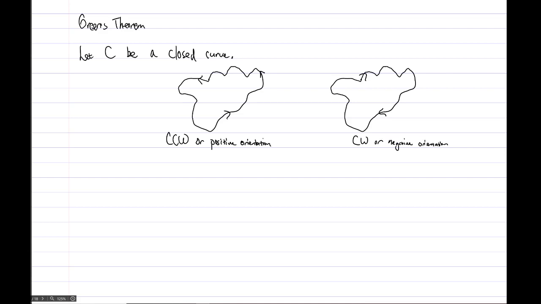Alright, so then let's introduce what Green's theorem itself is. Green's theorem, or Green's theorem in the plane, is stated this way. Let capital C be a closed, counterclockwise, or positive orientation, curve bounding a region capital D in the plane.